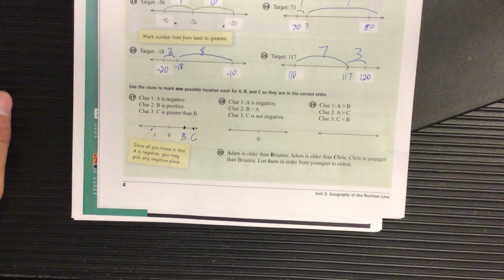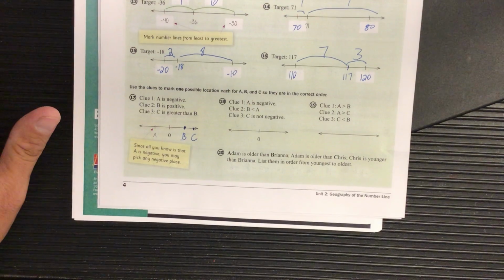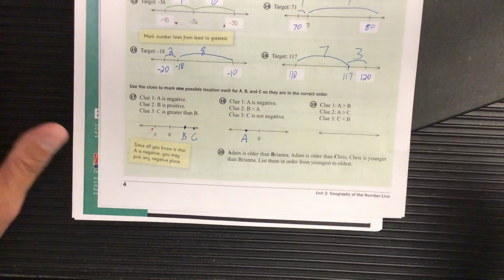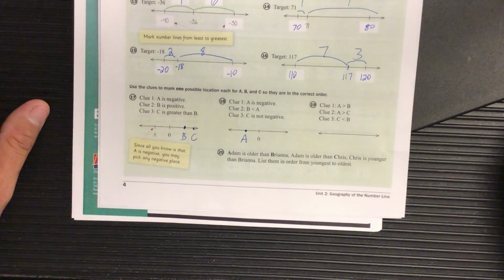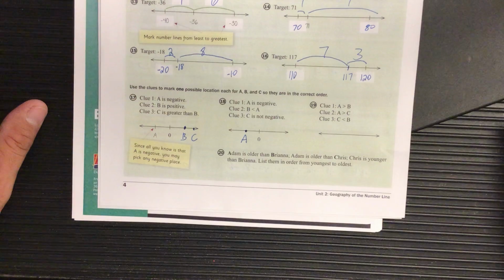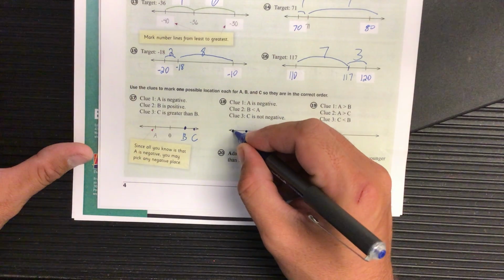Okay, 18. A is negative. Left or right? I don't really care where you put it at this point. Clue number 2, B is less than A. So does it go left of A or right of A? B is smaller, so it's going to be further to the left.